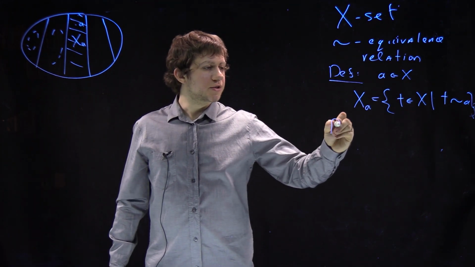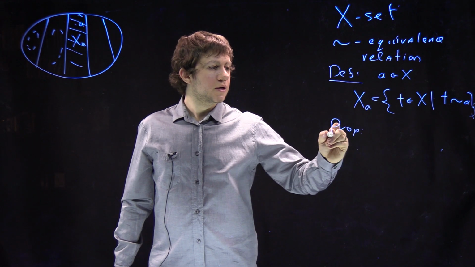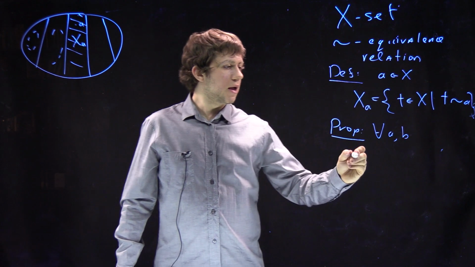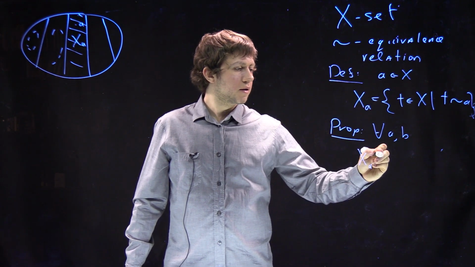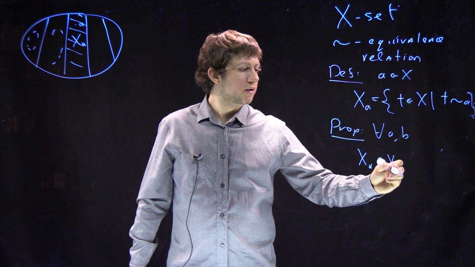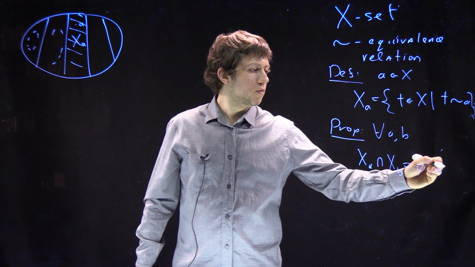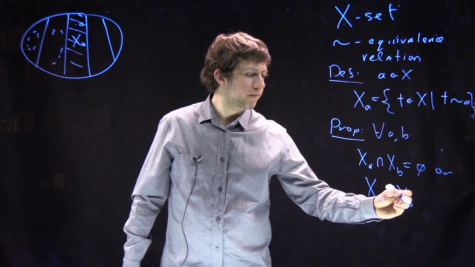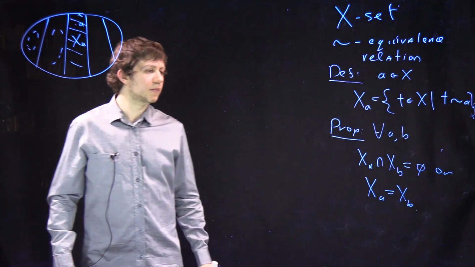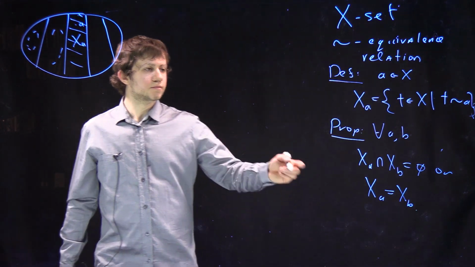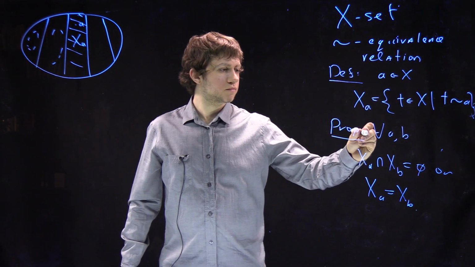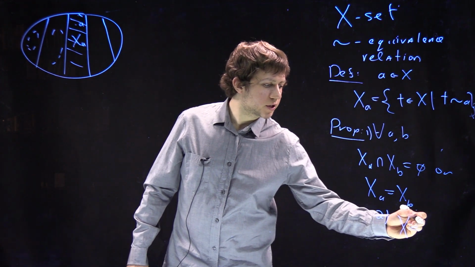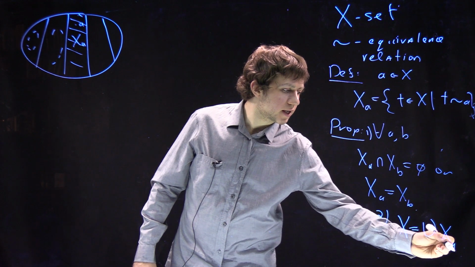And a little proposition is that for every two elements A and B, XA intersect XB is empty, or XA equals XB. And the second part is that X is a union of all the sets XA.